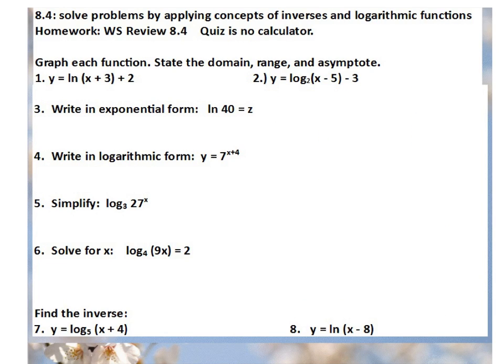Okay, so for 3, to change that to exponential form, the base for ln is e. So I'm going to use the Roman numeral 9. So that's e to the z equals 40. Now for number 4, we can do the same thing, except I need the exponential to be on the left to do the Roman numeral 9.